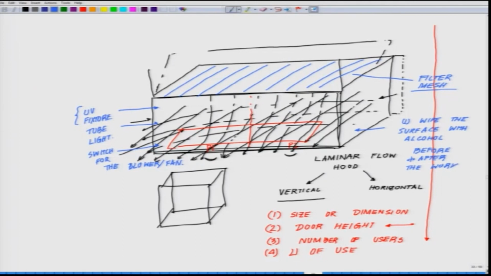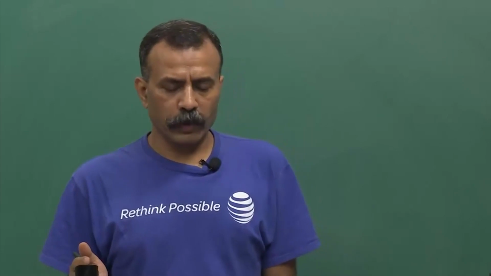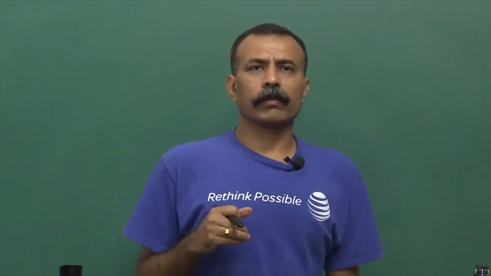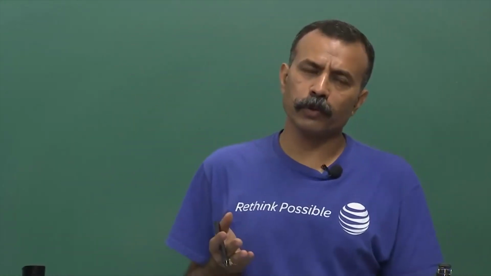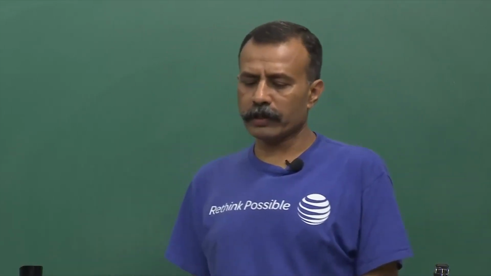So before you start the work, you wipe it with alcohol properly and thoroughly, 70% to 100% alcohol. After that, I will share my experience, but I will leave it up to you: I used to switch on the UV and leave it on for 10 to 15 minutes.